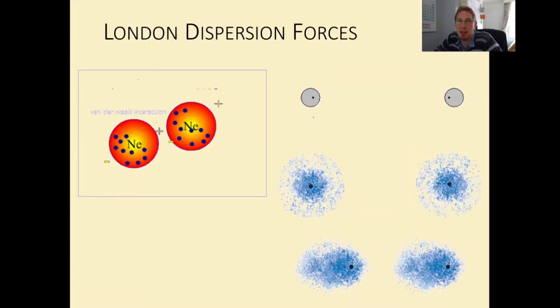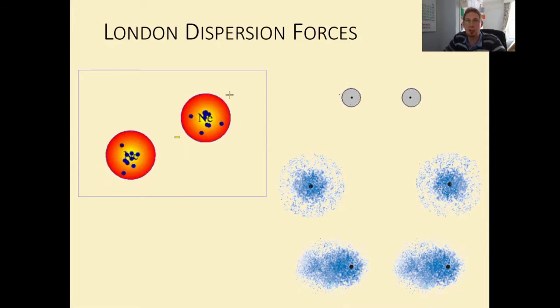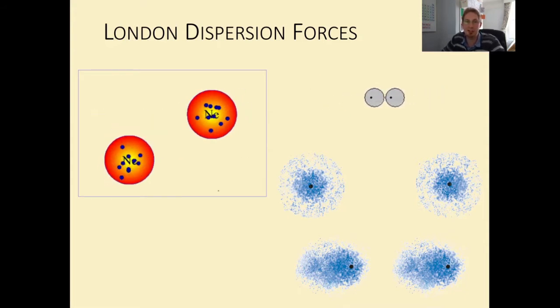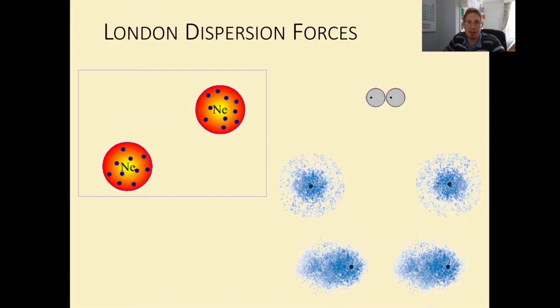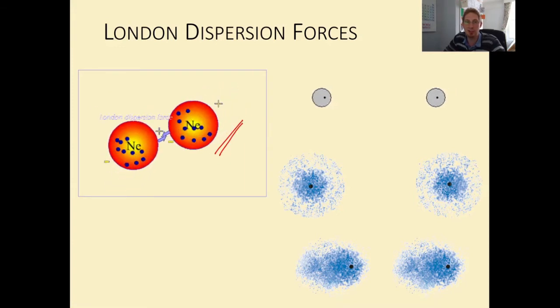So just explaining what London dispersion forces are, they're the fact that the electrons are constantly moving around the nucleus, and it means that you can end up, and if we watch up here, you can end up with all the electrons on one side, and the first thing to happen is that this one generates a slight negative charge and a slight positive charge.